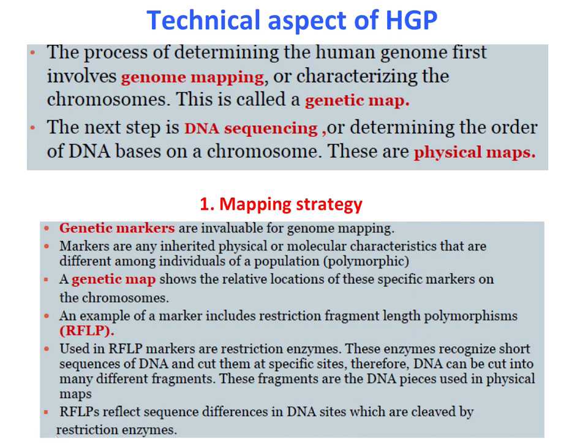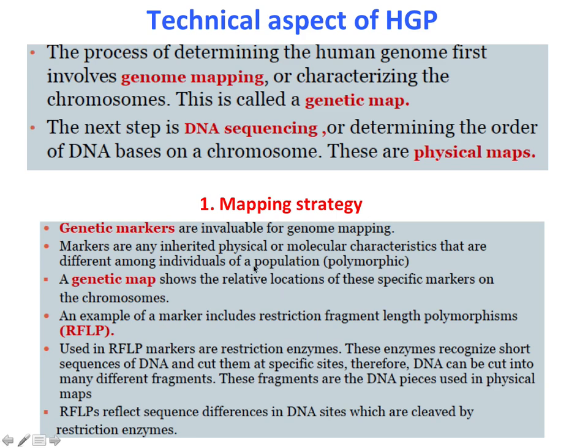Now the technical aspect. As I already discussed in the video, there are two processes in human genome sequencing. First is genetic mapping, and second is sequencing. For genetic mapping, you may have heard about this technique, RFLP, restriction fragment length polymorphism. As you have seen in the video, the DNA can first be fragmented into smaller pieces.